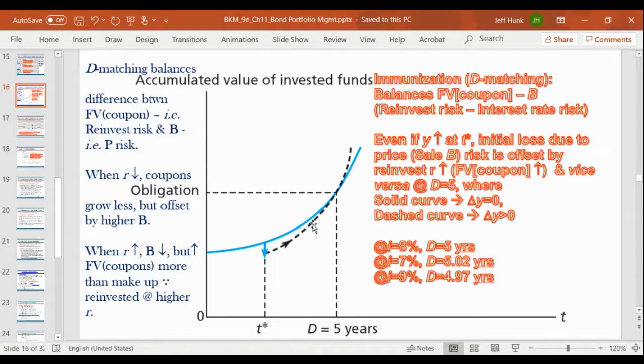In other words, the future value of invested funds over time, right? And it is a curve, definitely, because it's exponential, right? We're dealing with exponential functions, or power function, right? So future value is always something raised to power, right?